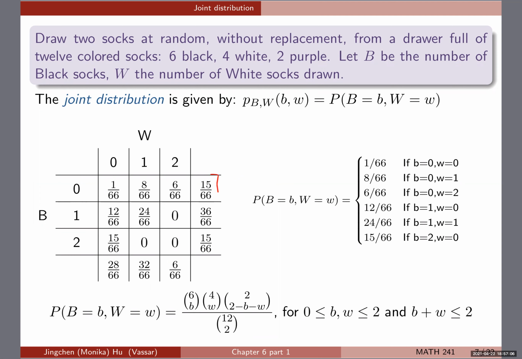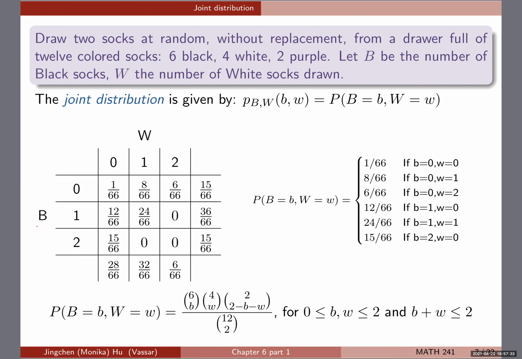This is the marginal distribution about b, the probability of b equals 0, 1, 2, regardless of what w is. Similarly, all the ones down here are the marginal probabilities for w, regardless of what b takes.